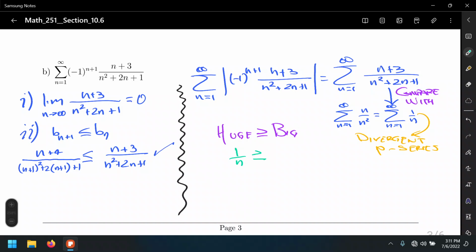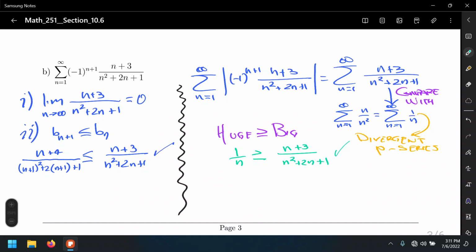Is that greater than or equal to the original problem? Again, we could be a bit hesitant about this n plus 3 in the numerator making this eventually larger. But again, it is the denominator that gets bigger faster, and we only have this, right? So this is true.